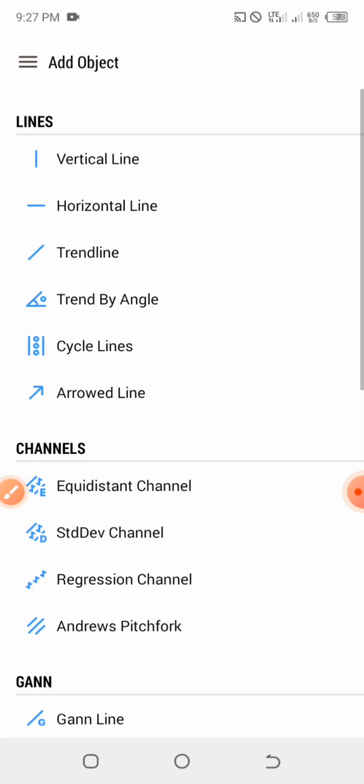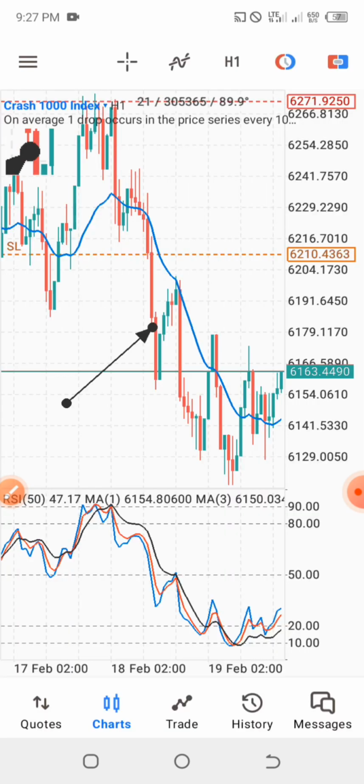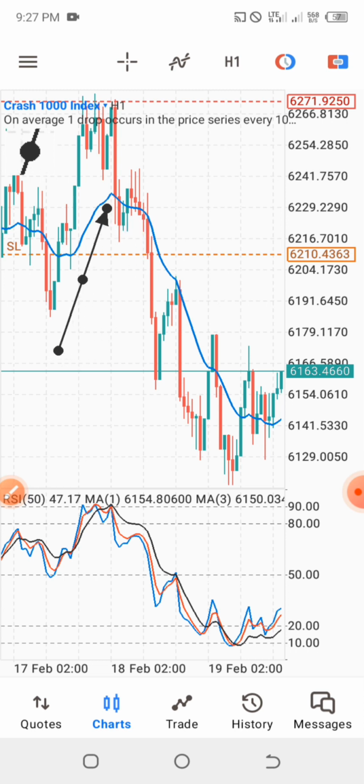The first thing we want to see is the moving average going above the price, which means the price needs to be below the moving average. When the price is going below the moving average, this indicates that the market is in a sell. When the price is going above the moving average, this indicates that the price is at a buy.